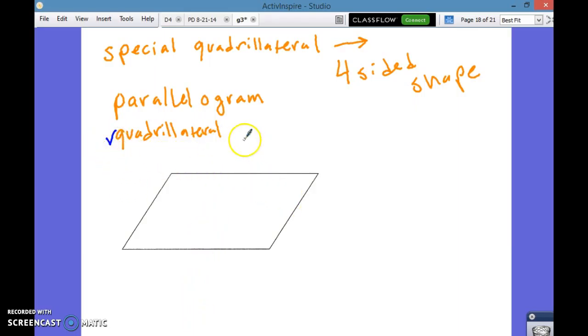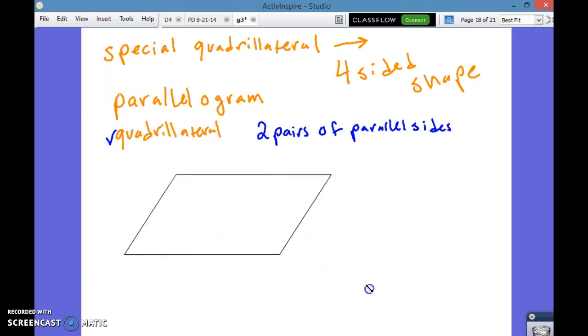And the second characteristic, it must have 2 pairs of parallel sides. Hence the name, parallelogram. And again, it is its definition, but it's also a very special quality here. I'm going to call this parallelogram below the definition.